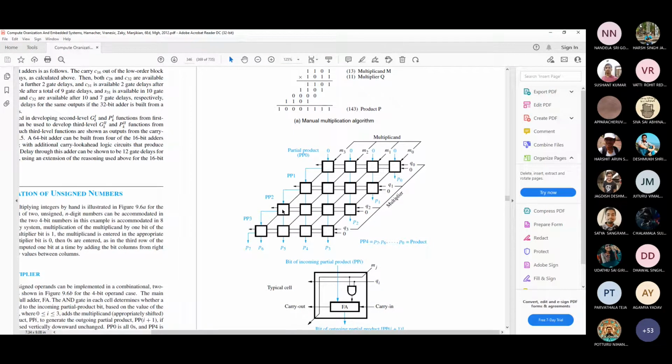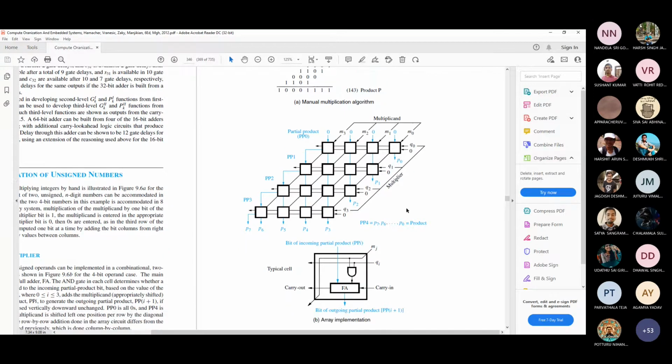Before that, you have to calculate the delay of each and every intermediate thing. Then you can calculate the delay of this one. So if the size increases, you can know how much time it will take. It will take a lot of time. So this is basically an array multiplier, multiplying the numbers using an array.